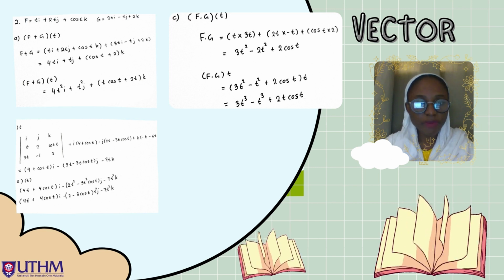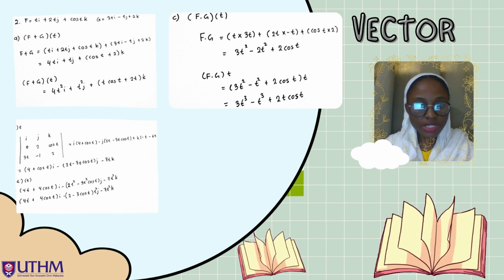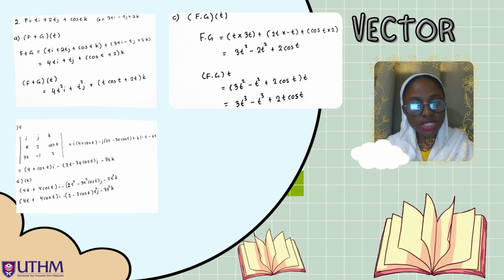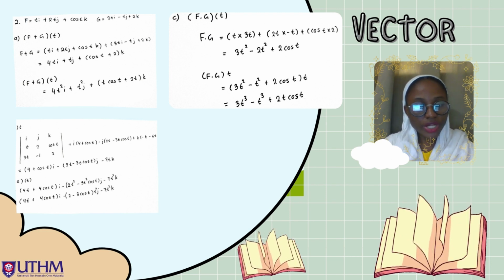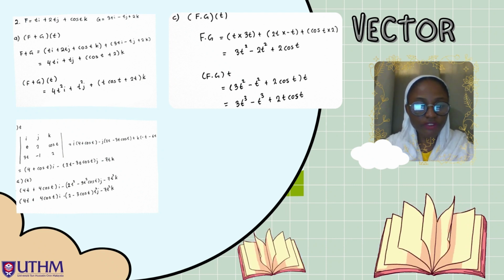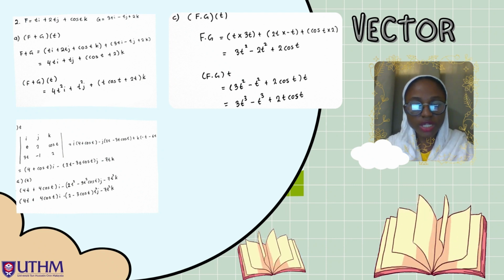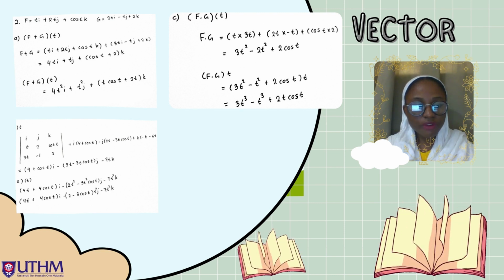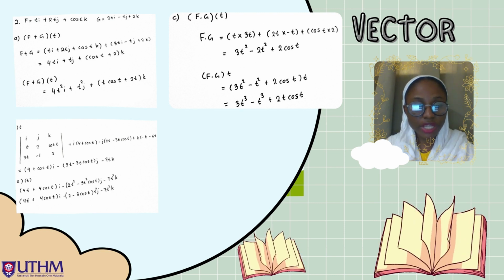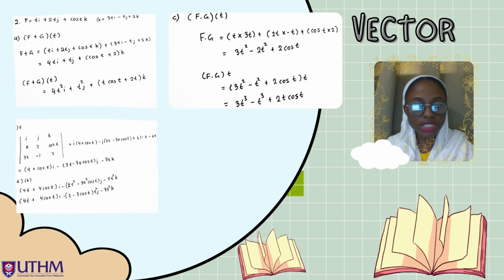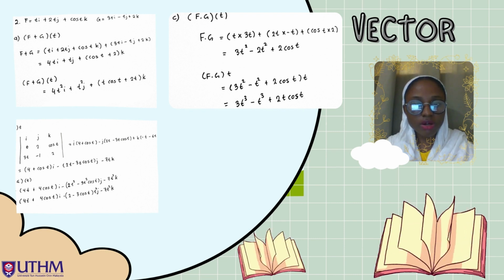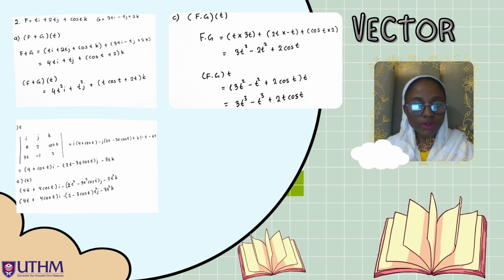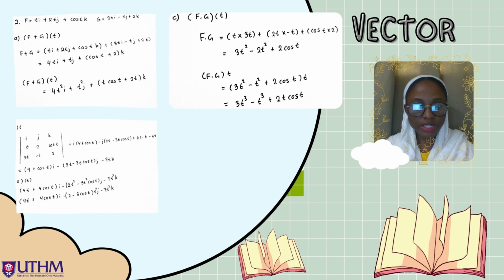We have to find f plus g, as f is ti plus 2tj plus cos t k. We just rewrite the equation for f and g, which after being added together, you will get 4ti plus tj plus (cos t plus 2) k. We simplify the ending part.